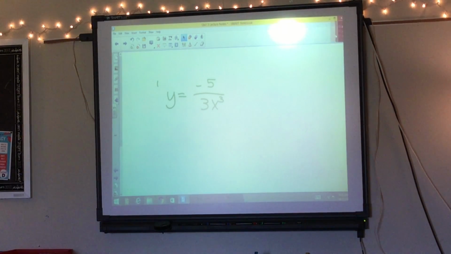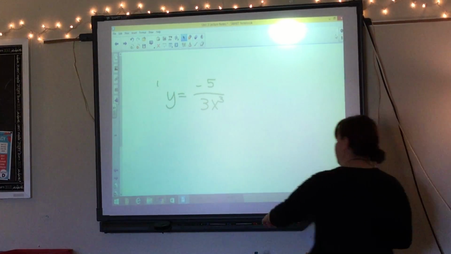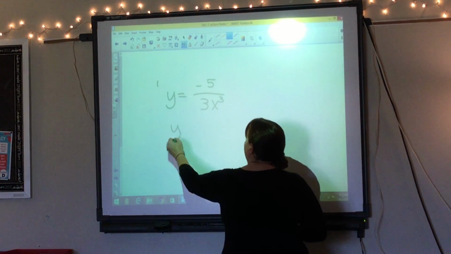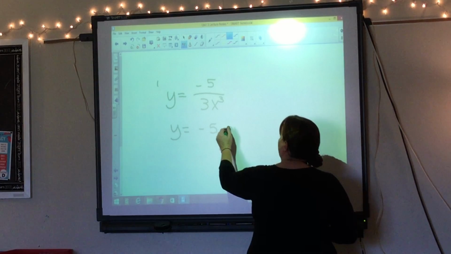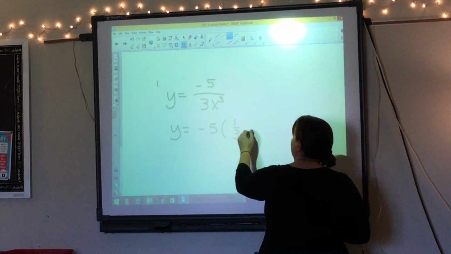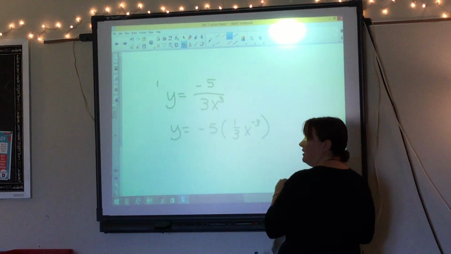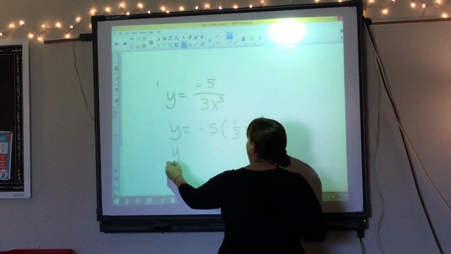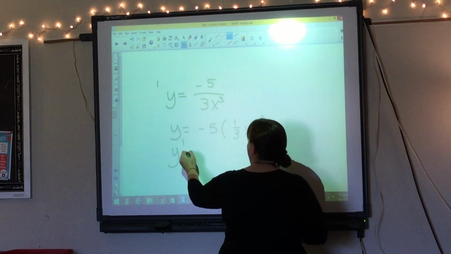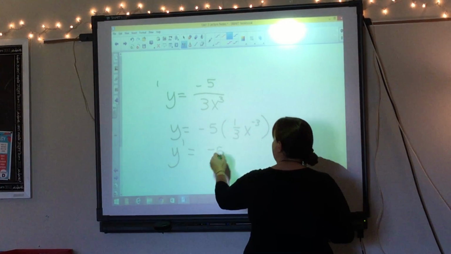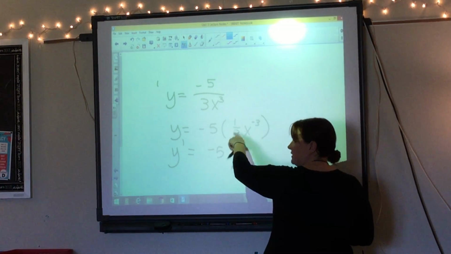So this one would be negative 5. So we're just gonna rewrite it: negative 5 times 1/3 x to the negative 3. So then I have y prime equals negative 5 times whatever the derivative of this one is.